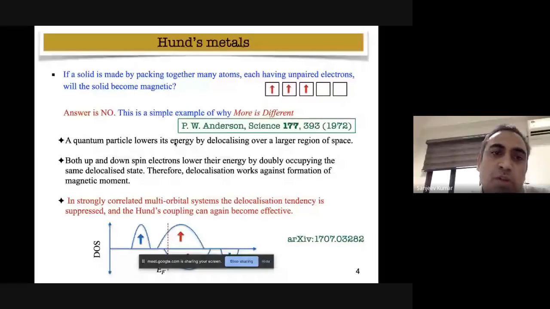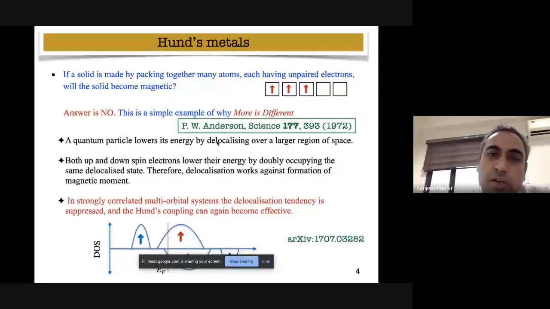If you want to convince yourself about this statement, you can ask what is the energy of the ground state of a particle in a box, and then ask, if I double the size of the box, what happens to the energy? The energy of the ground state keeps lowering as you increase the size of this box.